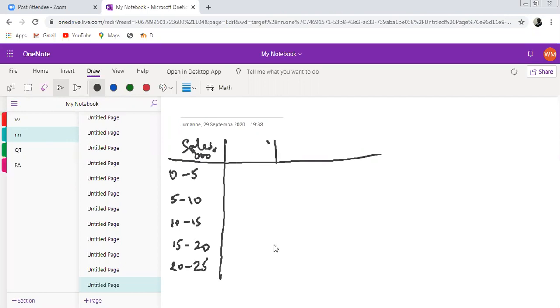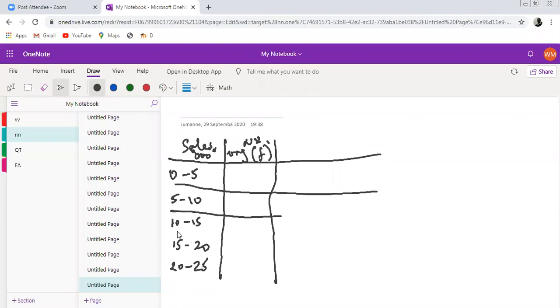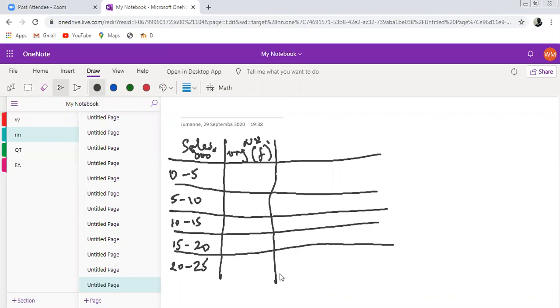And the number of organizations making those sales is actually going to be our F. Maybe there are 3 organizations, 8, 9, maybe 6, and maybe 5 organizations.